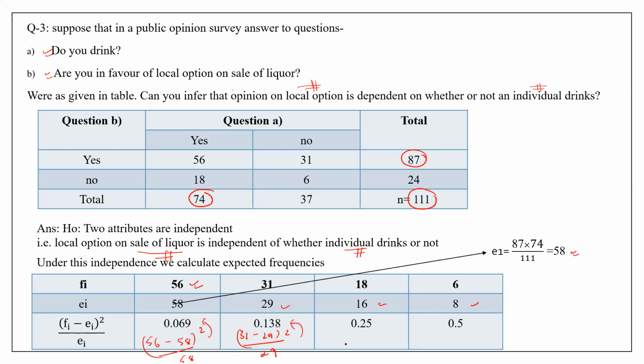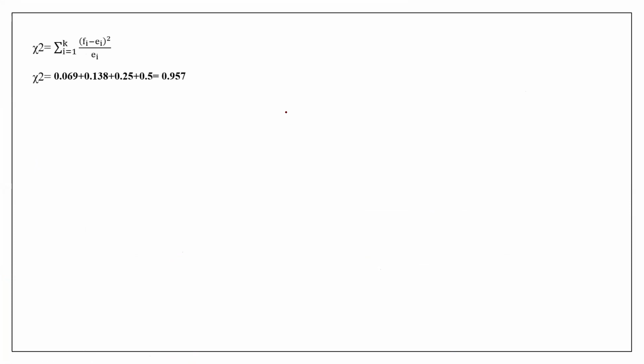Calculate, you will get 0.138. Here also your Fi will be 18 minus Ei is 16, square that and then divide by Ei, which is again 16. Calculate, you will get 0.25. Here also this will be (6 minus 8) whole square by 8. Calculate, you will get 0.5. So now we just add all this summation and we have got the value as 0.957.